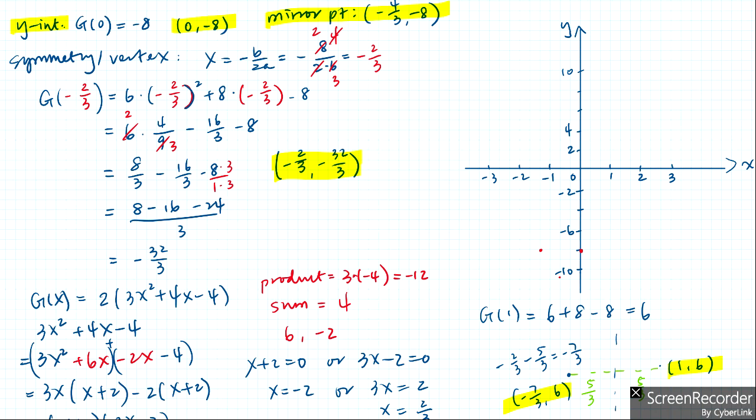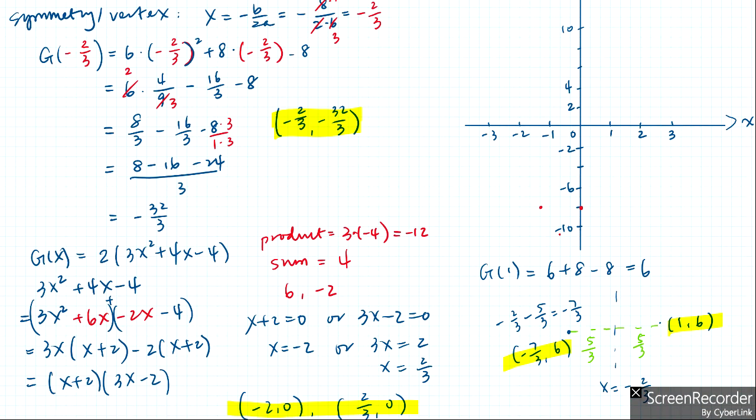And then we want to put in the x-intercepts, (negative 2, 0) and (2/3, 0). Lastly, we have (negative 7/3, 6). Again, it's nice to have the units go in every 3 boxes, so negative 7/3 is exactly 7 boxes to the left of the origin, and the y-coordinate is positive 6, so it's right here.